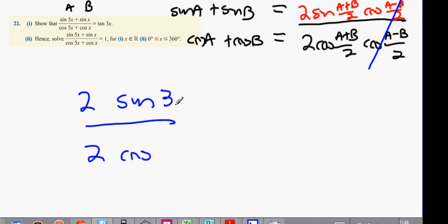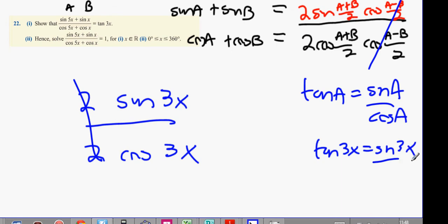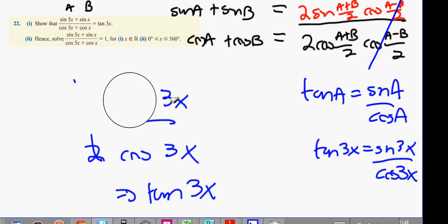And the 2 divided by the 2 cancels. Tan a equals sine a over cos a. By that logic, tan 3x equals sine 3x over cos 3x. And the two of them will therefore turn into tan 3x. That's proven.